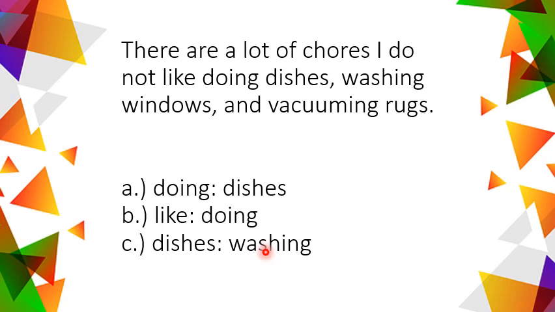Let's read the sentence again. There are a lot of chores I do not like doing. Here should be the use of the colon, because after doing there is a list of items given. So the correct option will be A, doing colon dishes.